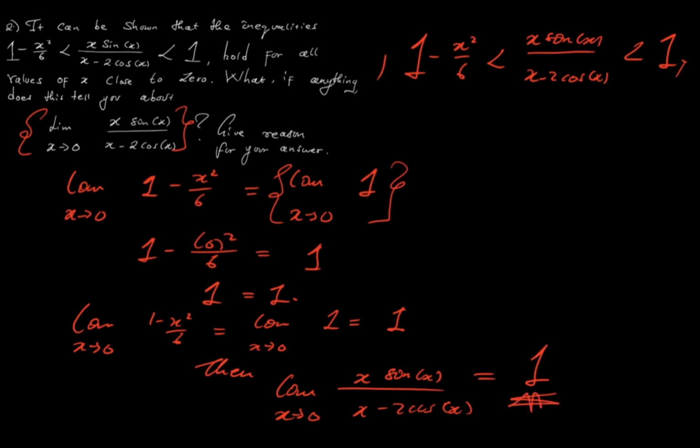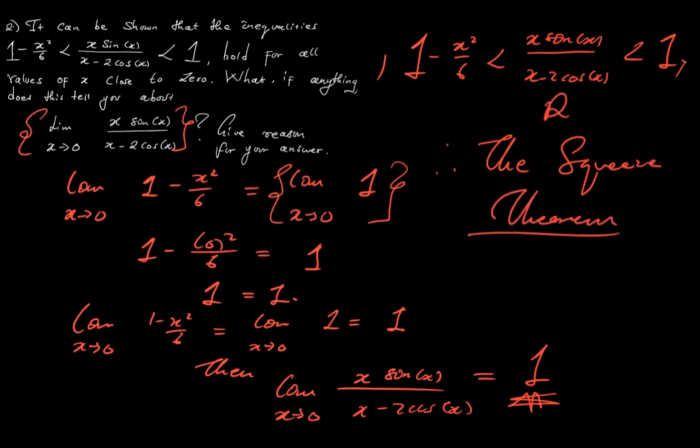So that's what it says. Now, they're saying you need to give a reason for your answer. The reason for our answer is simply the topic at hand, which is the squeeze theorem, or the sandwich theorem. So this is the reason.